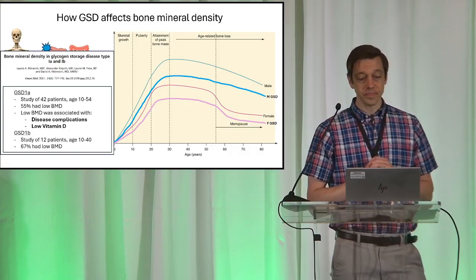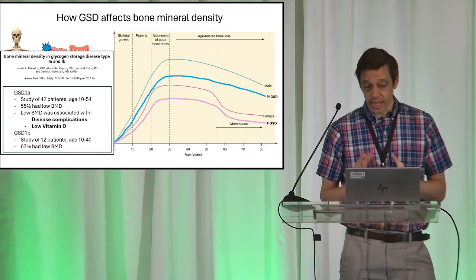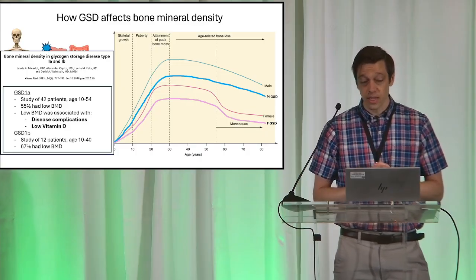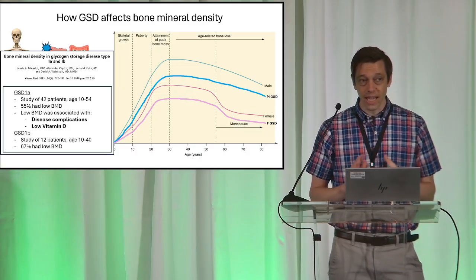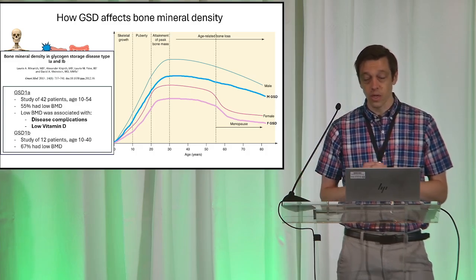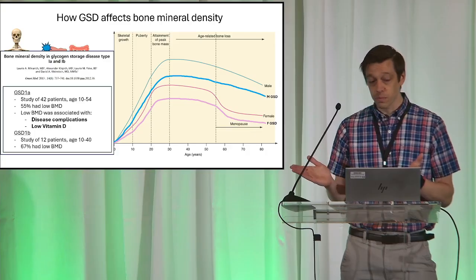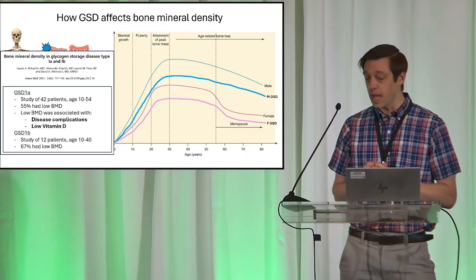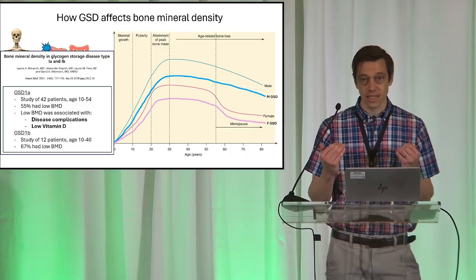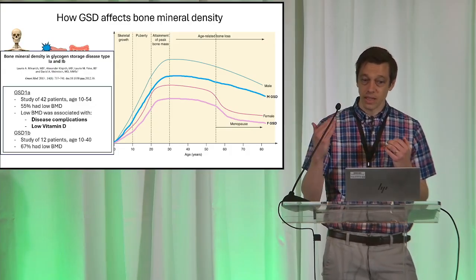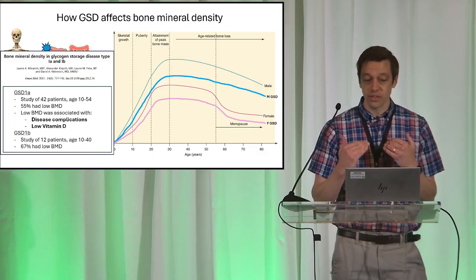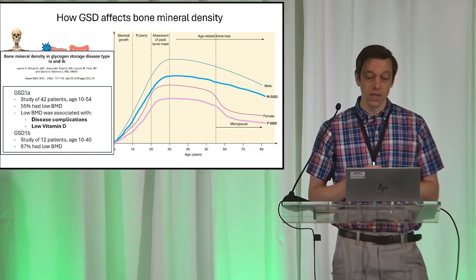In GSD 1A, that study had 42 patients with a wide age range from 10 to 54. At baseline, 54, or about 55% of them, had low bone mineral density, meaning two or more standard deviations below average.